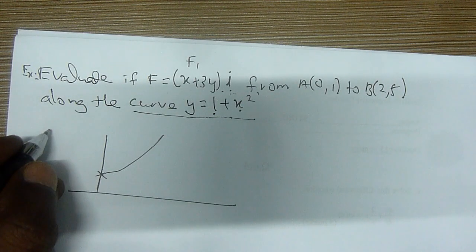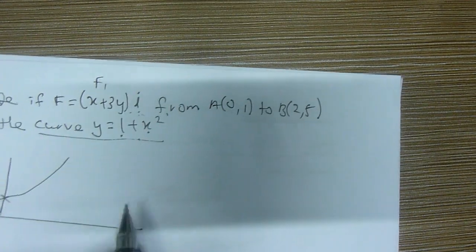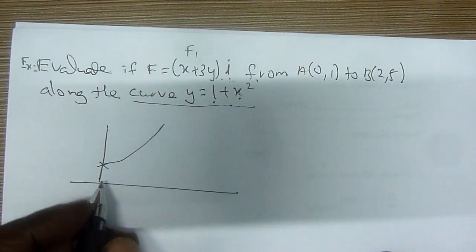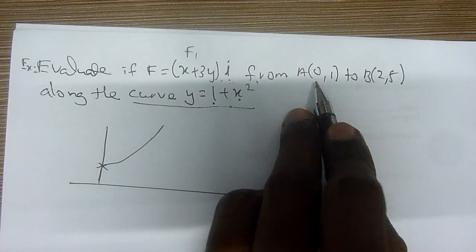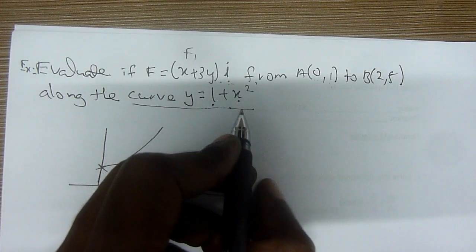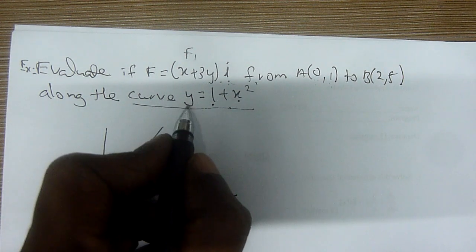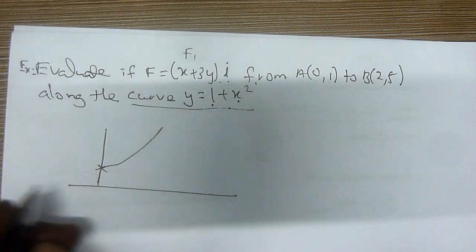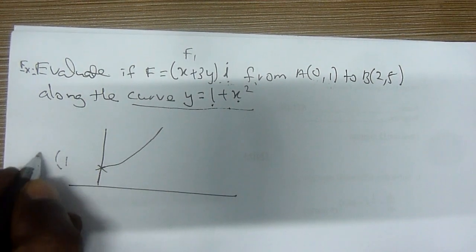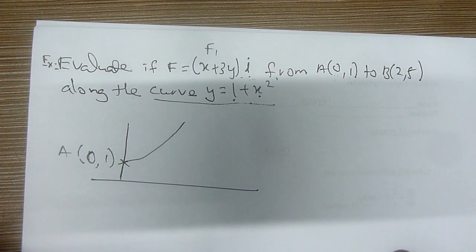I'm focusing here on A to B. Therefore, the point here is very obvious: 0, 1. If you place x as 0, y becomes 1. Correct, right? Therefore, I'm looking at A as (0, 1).